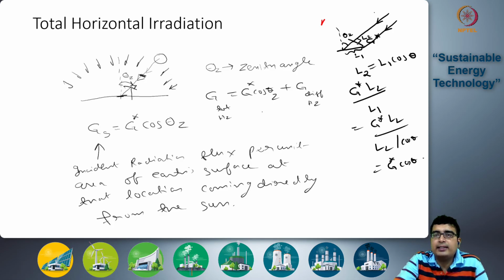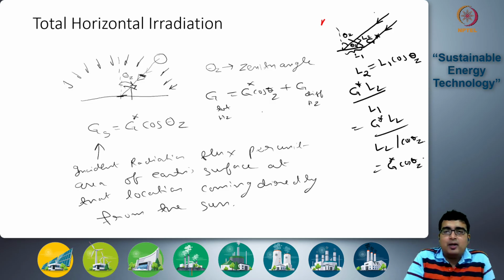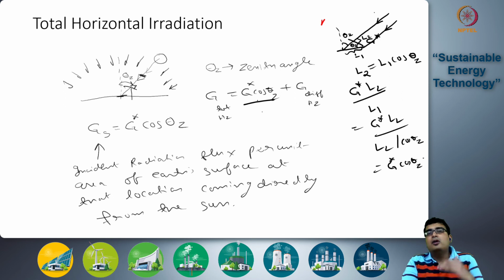So here you will see that this angle is theta z. So that's how you get the horizontal flux on a surface where the zenith angle is theta z.